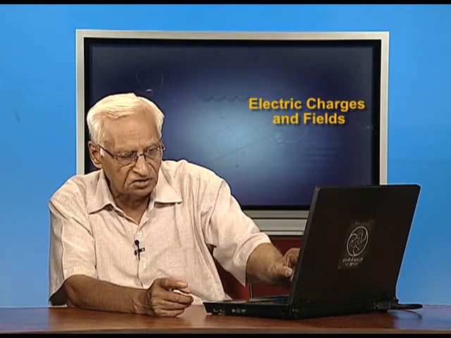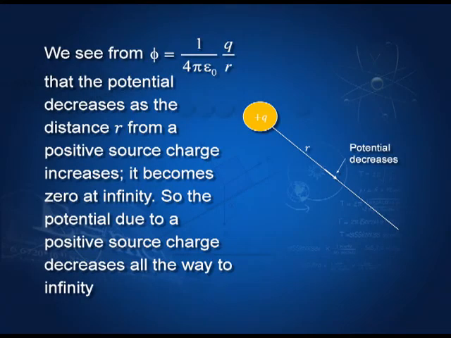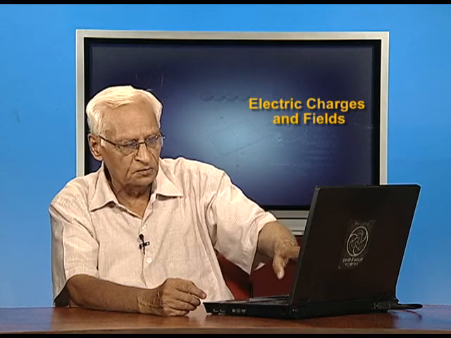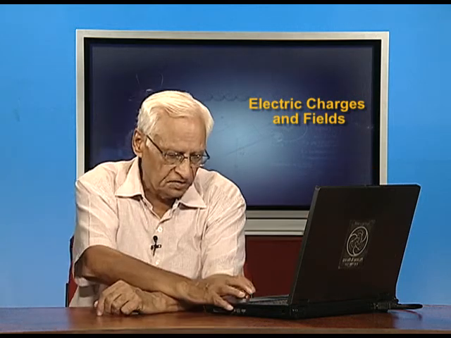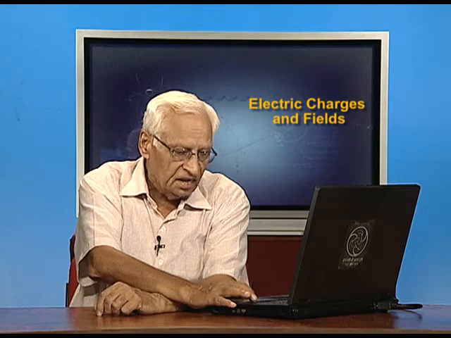A negative charge, on the other hand, moves from a lower potential to a higher potential. Here again, we also know that a positive charge, if I place here, it will move in this direction, and this is the direction of decreasing potential. Therefore, a positive charge moves in the direction of decreasing potential, a negative charge moves in the direction of increasing potential.